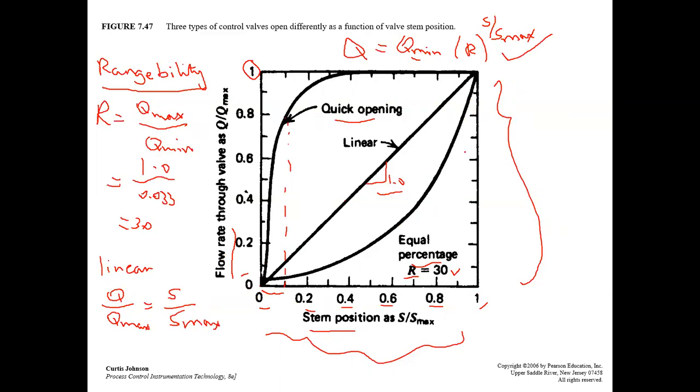We can calculate at any point. When you start from 40%, for example, you have this point, and at 60% you have this point.